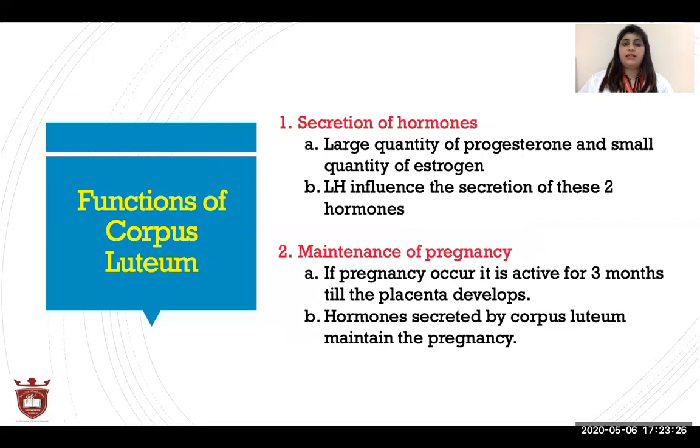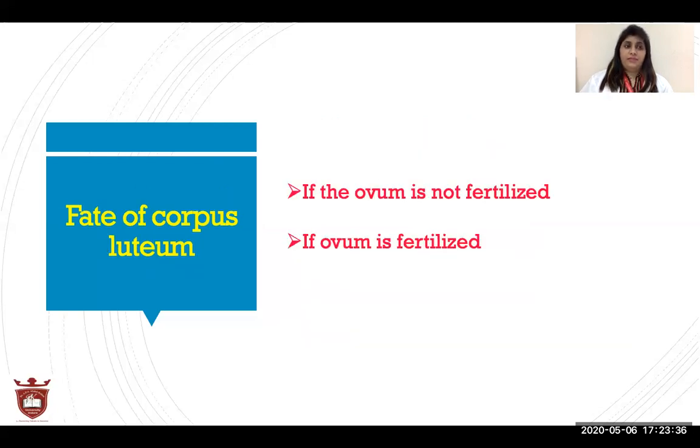During this phase, the corpus luteum secretes a very large quantity of progesterone and a very small quantity of estrogen.